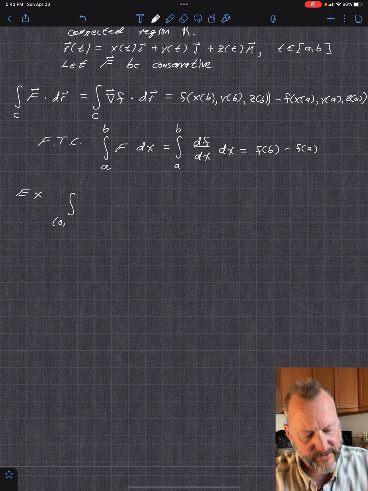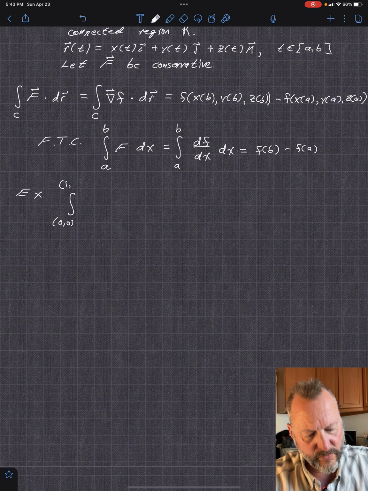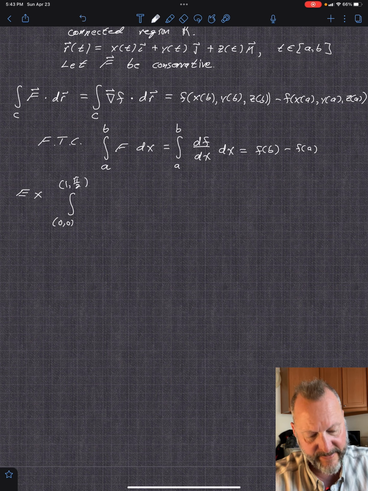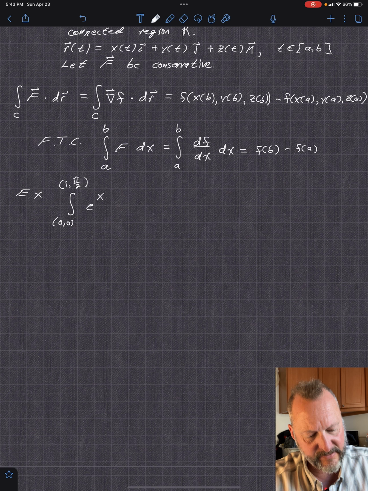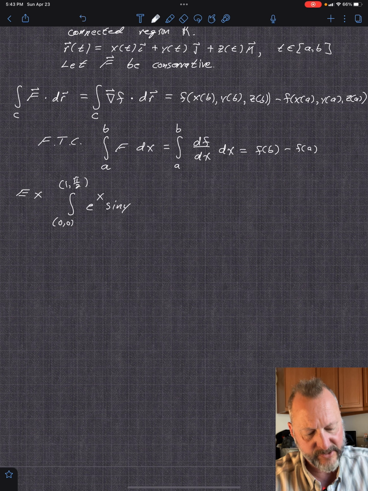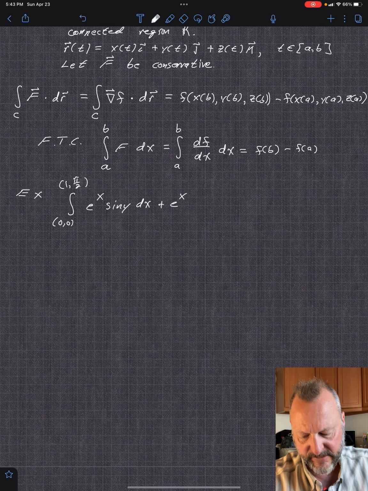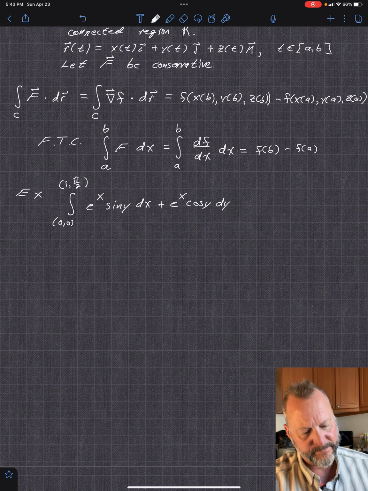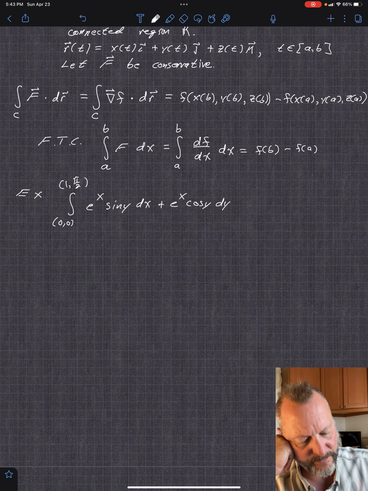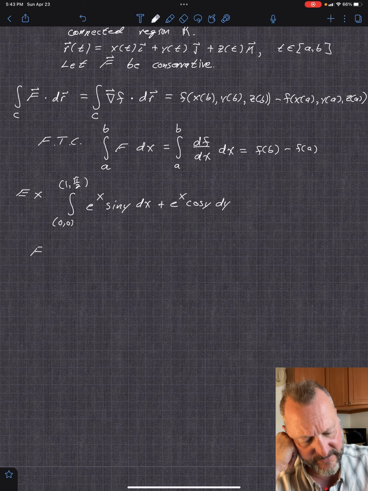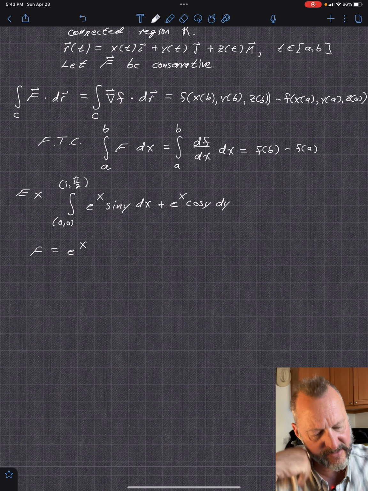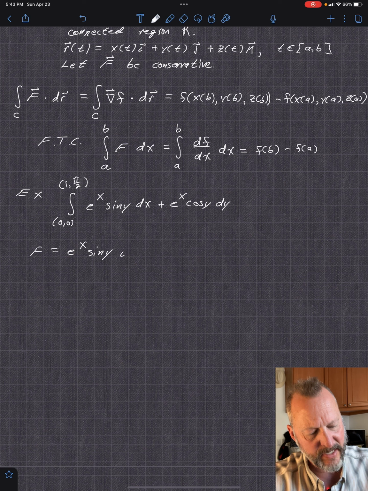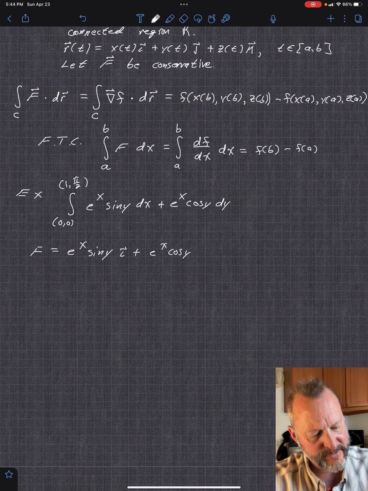So if we integrate from 0 to pi halves of e to the x sine y dx plus e to the x cosine y dy, then our F is e to the x sine y i plus e to the x cosine y j.